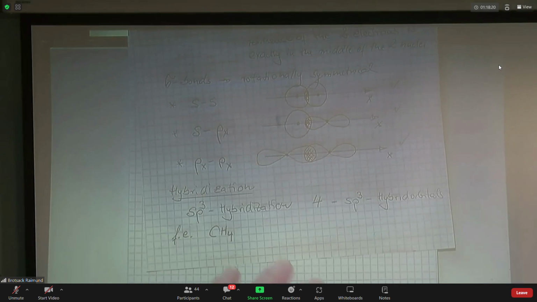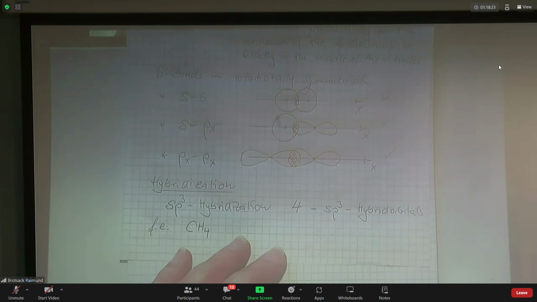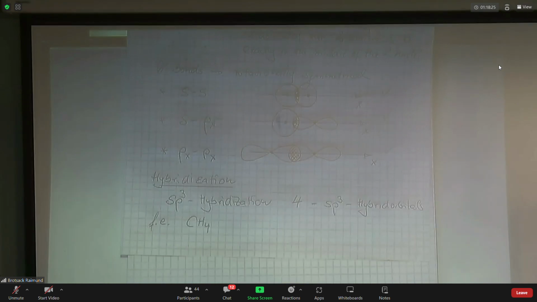Do you even know the geometrical form of a methane molecule? Anyone knowing the geometrical form of a methane molecule?